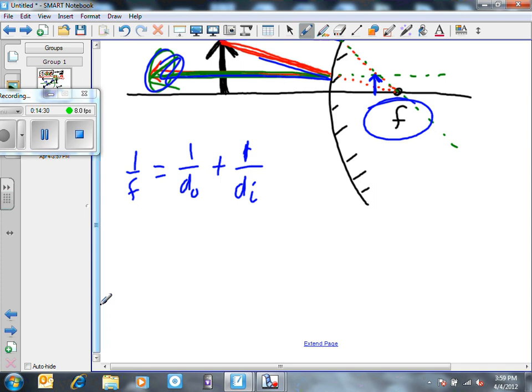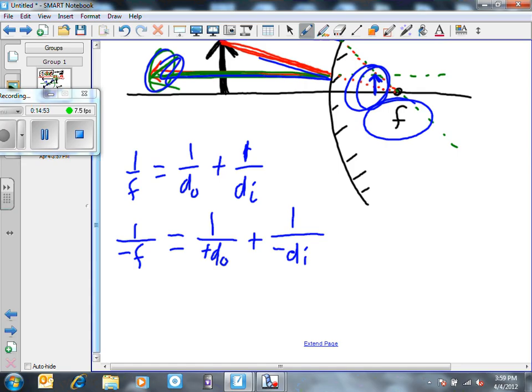So this number here is going to be 1 over a negative number here. Do you understand that convention? And then the distance of the object, well, the object is always going to be a positive number. And the distance of the image here, though, is going to be a negative number because this image is upright. And real images that can be shown on a screen are always upright.